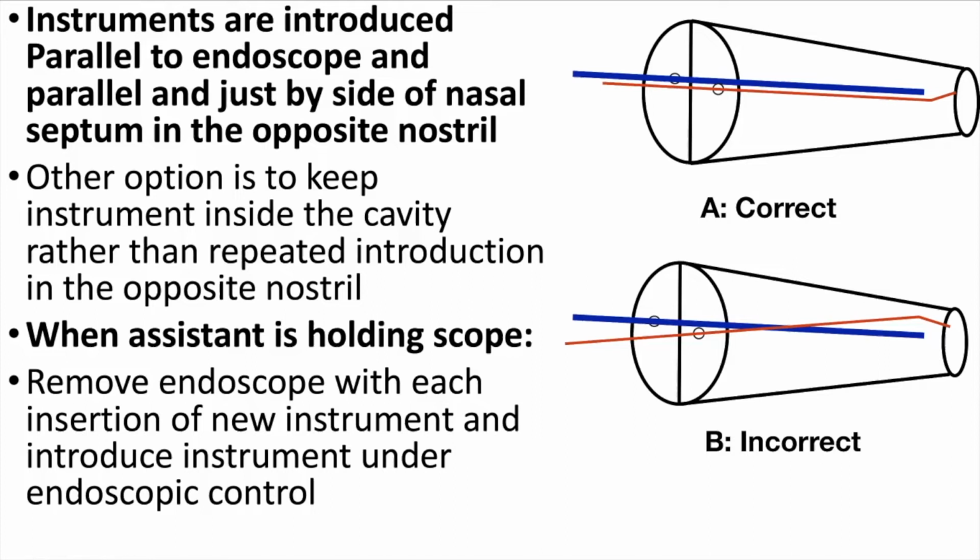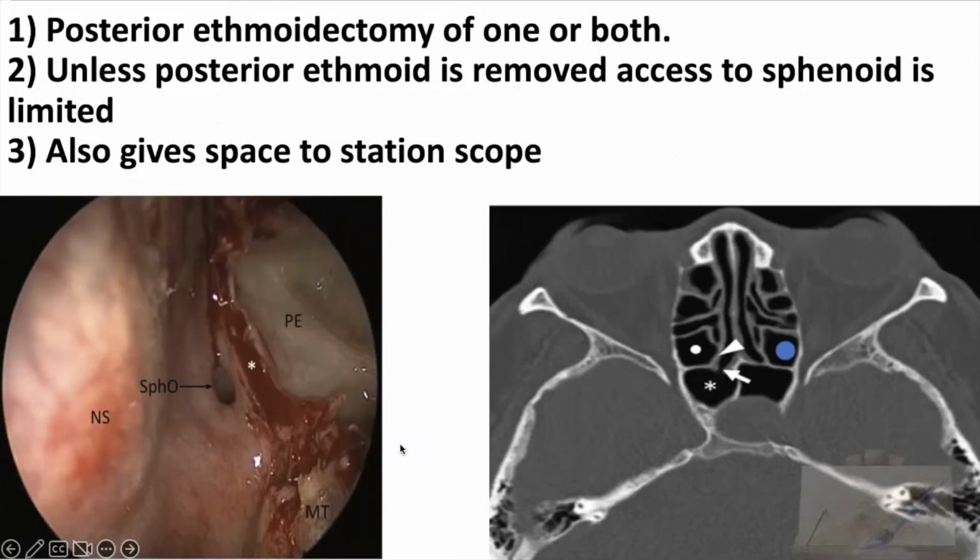So use it, and when you don't use it, just put it inferiorly there and leave that instrument rather than removing and introducing it too frequently. But if the assistant is holding the scope for you, in that case, you can remove your endoscope and insert the instrument under vision of the endoscope to avoid damage to the nasal cavity.